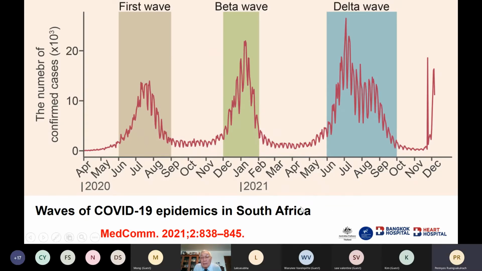And this is the wave of COVID-19 in South Africa. After the peak in each wave, okay, it takes about 5 to 6 months to have another wave, or the viral particle changes, from Beta to Delta and now Omicron.